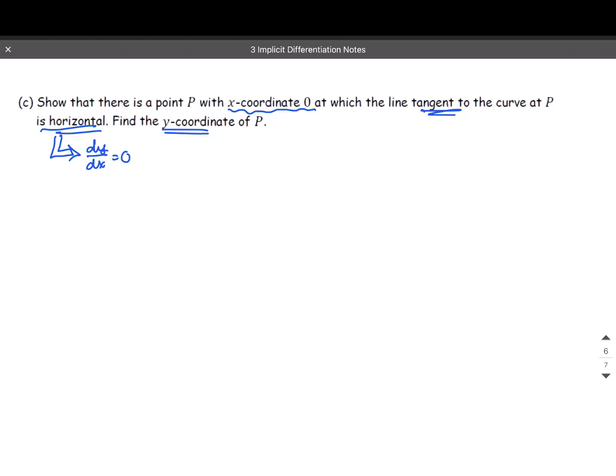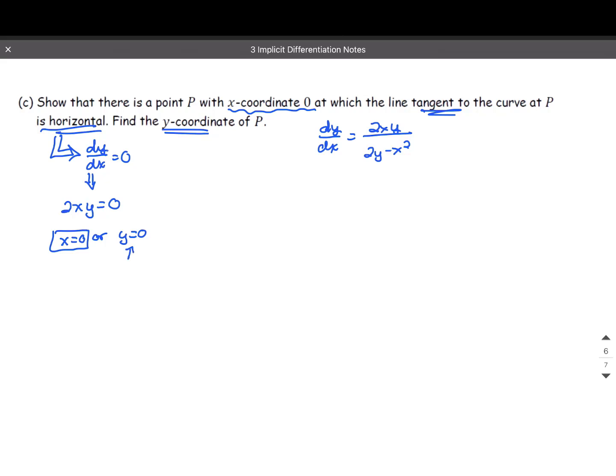So if the derivative is 0, that only happens, remember, our derivative, dy/dx, is 2xy over 2y minus x squared. The derivative is only 0 when the top is equal to 0, okay? Well, that means that either x is 0 or y is 0. Well, this is what they wanted us to show, so we have that.